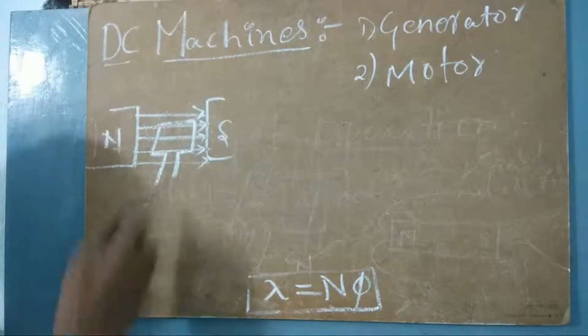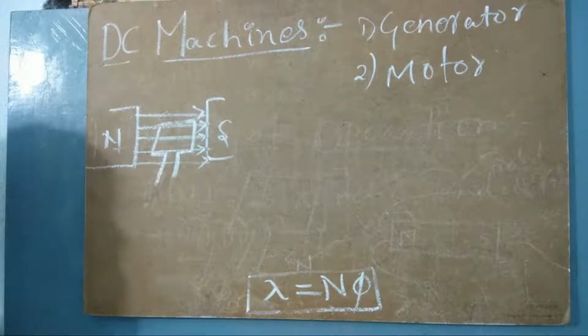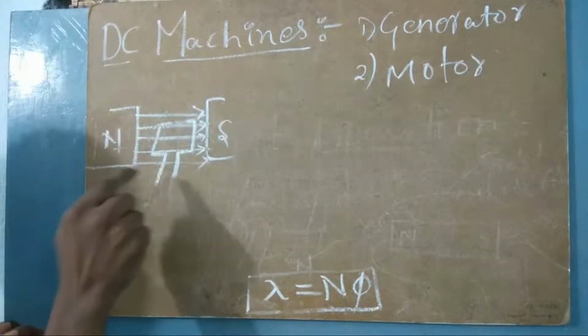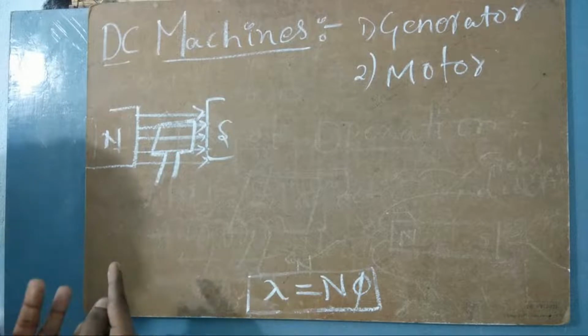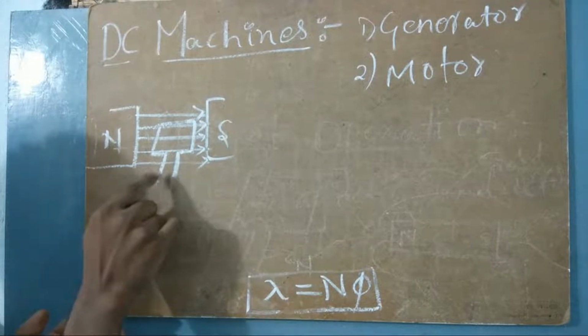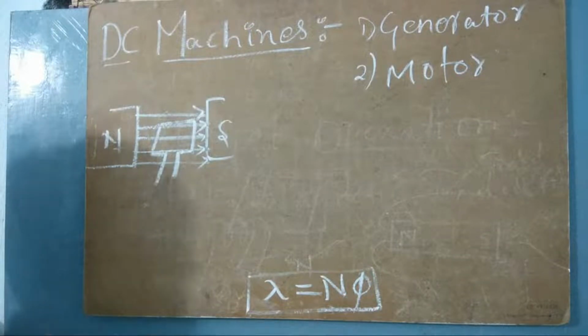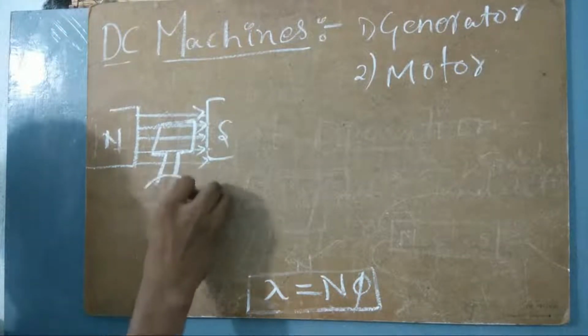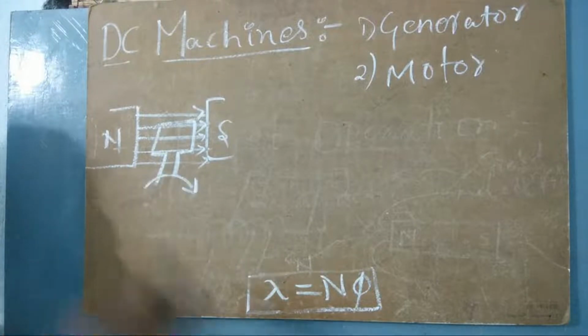What Faraday is telling is, when a moving conductor is placed in a magnetic field, that means this conductor is not stationary. Understand me very clearly. It is not at rest. It is moving in a certain direction, let us say in this direction, or any direction.